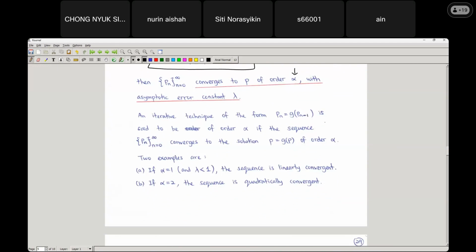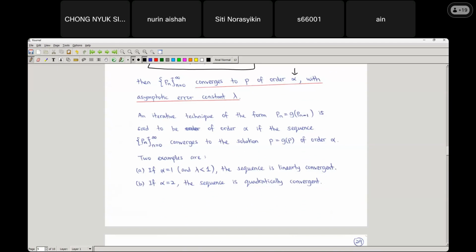What it means is that Pn can be written as a function g with the variable Pn minus 1, and this is said to be of order alpha. The order alpha really depends: if alpha is equal to 1, that means this Pn is of order 1.